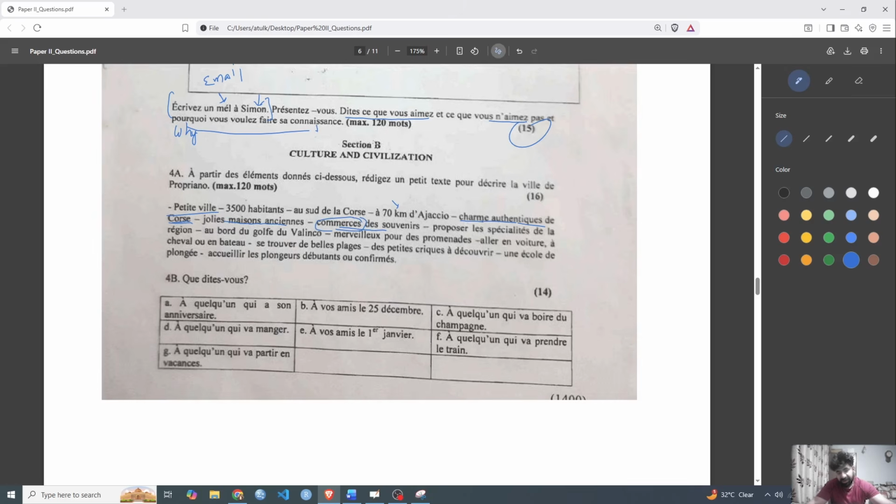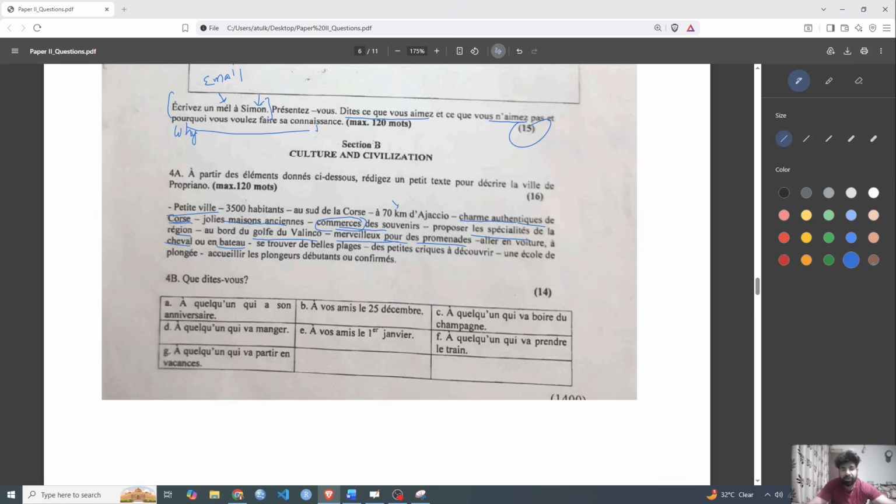Then it talks about the speciality of the region. So it's called Fedu Nico, and then it says it's good for walks, so it's marvelous. And it also mentioned the car, horses, and boat, which one can use to travel to this village.